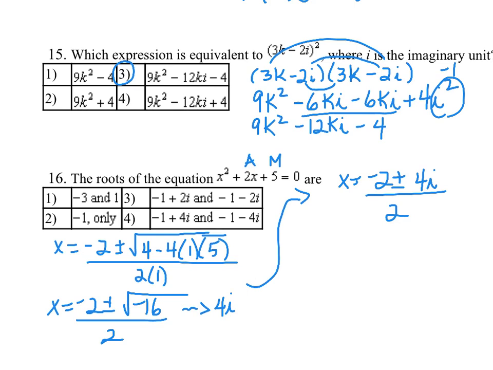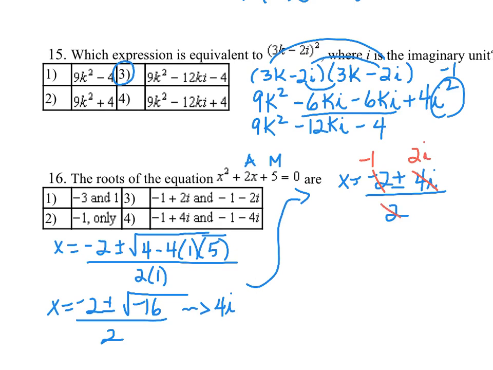All right, well, now if you look at this fraction, you can see that 2 goes into the denominator, the left side of the numerator, as well as the right side. So what we can do is divide out that common factor of 2. If I take a 2 out of here, I have negative 1. If I take a 2 out of here, I end up with 2i.